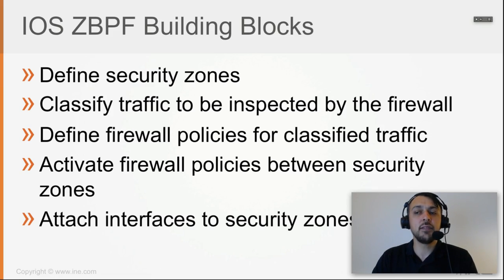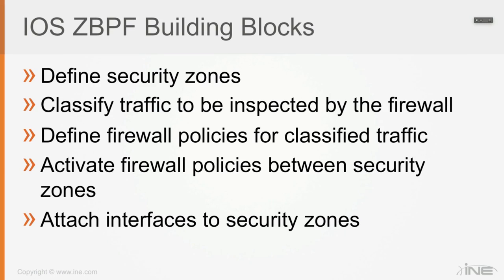The problem is that if you don't leave the last step, attaching interfaces to security zones, for last, and you bind interfaces to a zone before configuring the firewall policies, then all traffic is going to be dropped. So that is a problem. You wouldn't want to first attach an interface to a zone before you define firewall policies, because most of the traffic between zones is going to be dropped until you configure them, so it doesn't make sense.